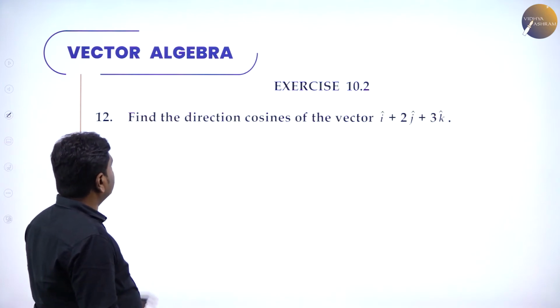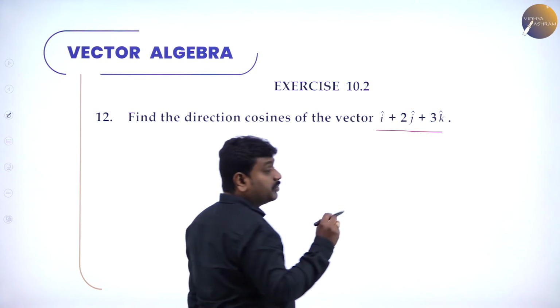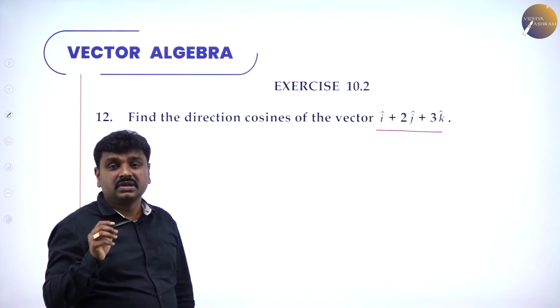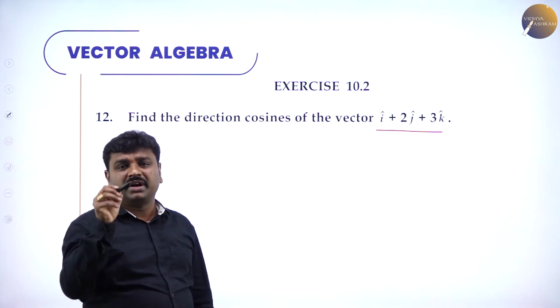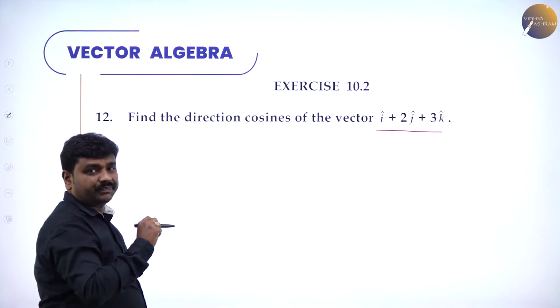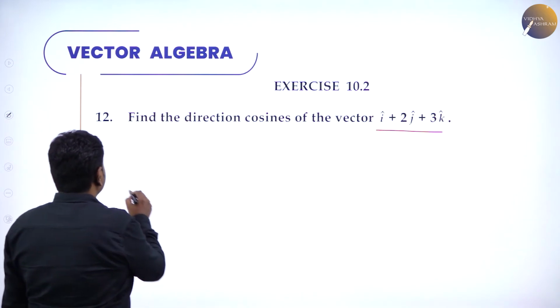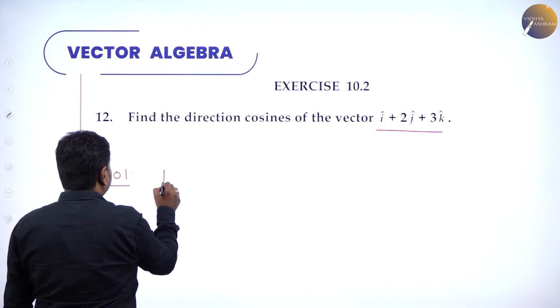Next, find the direction cosines of the vector. Remember, direction cosines means cos alpha, cos beta, cos gamma. Alpha, beta, gamma are the angles made by the vector with the x, y and z axes. Whenever they give a vector, how to find direction cosines? The solution is simple. First, name the given vector.